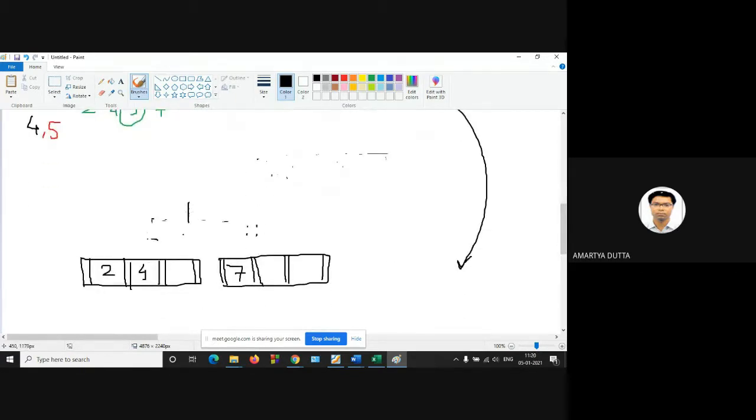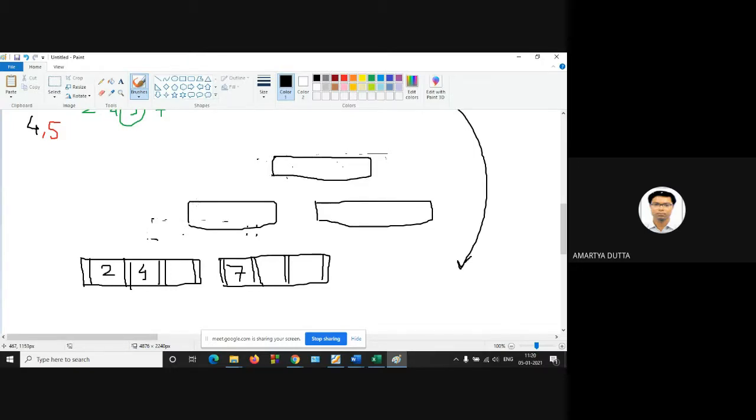So your root is this one and this one, and this is your new root. So 1, this is 2, this is 3 and 4. Similarly 1, 2, 3 and 4.